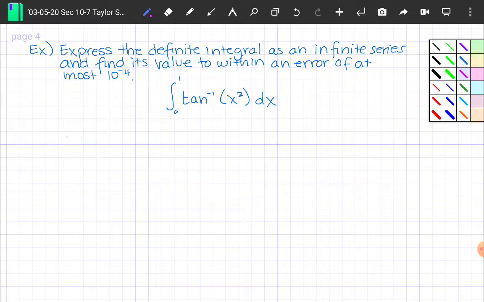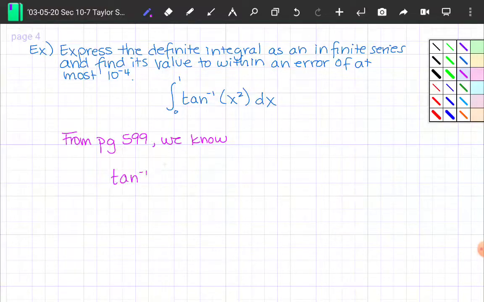So from that table, from page 599, this is one you don't have to memorize, but we can look it up on a table and we can find out that the tan inverse of x is equal to this series.